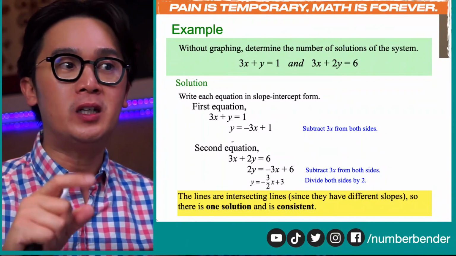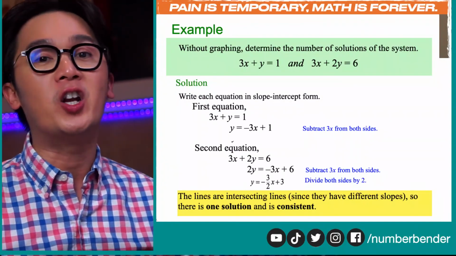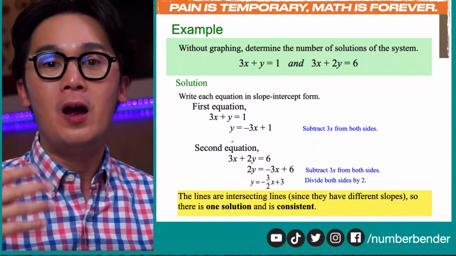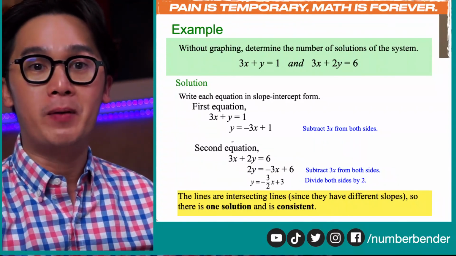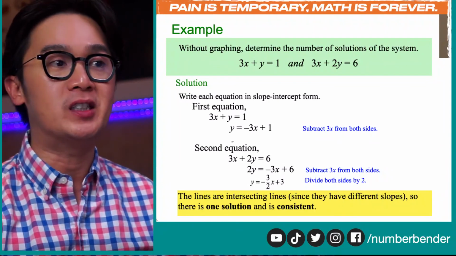There's one solution, and according to its system, it's consistent. So that's how we're going to describe our solution, by modifying our general equation into the slope-intercept form.